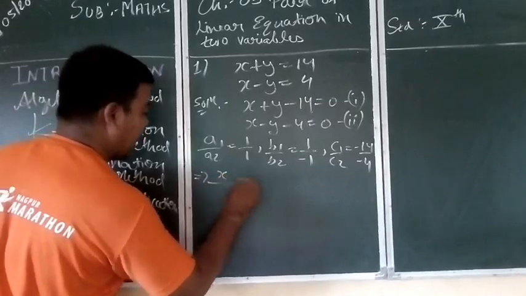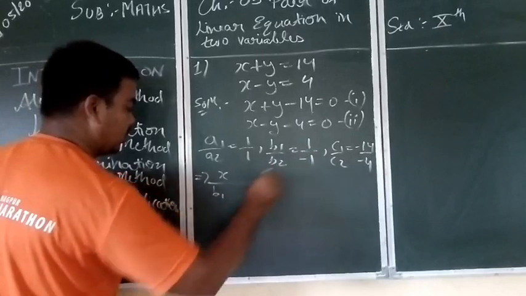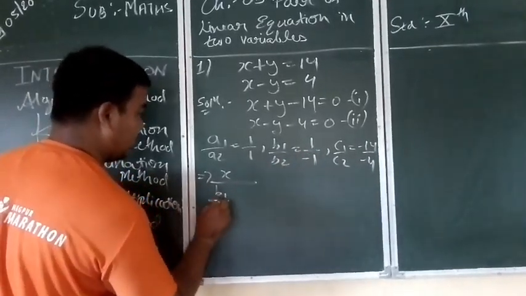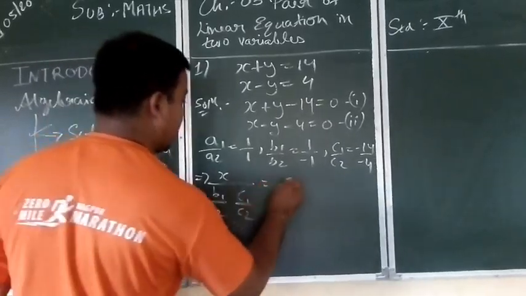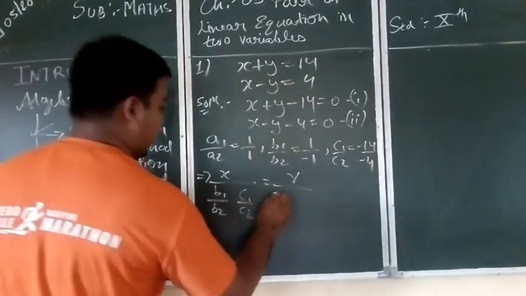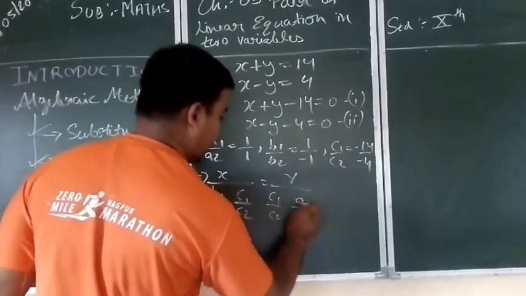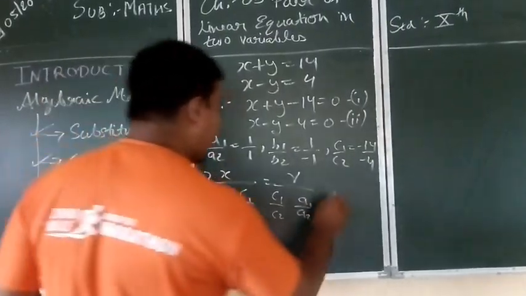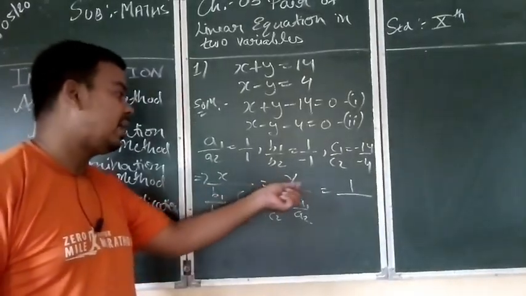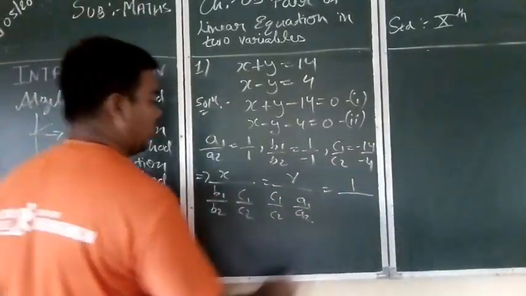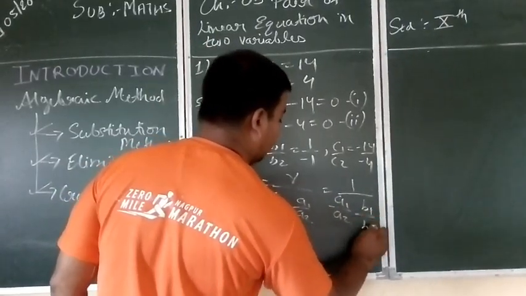So here x means b1 by b2 and c1 by c2, we take these two ratios. Then y is c1 by c2 and a1 by a2. Then next is the constant part: first variable, second variable, and constant term.